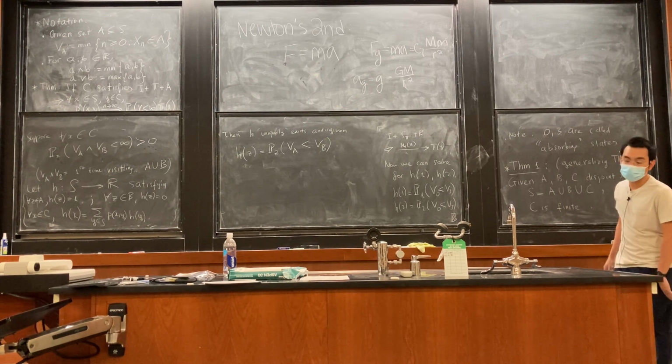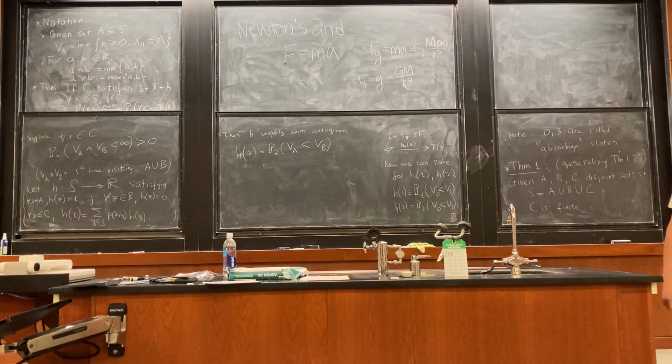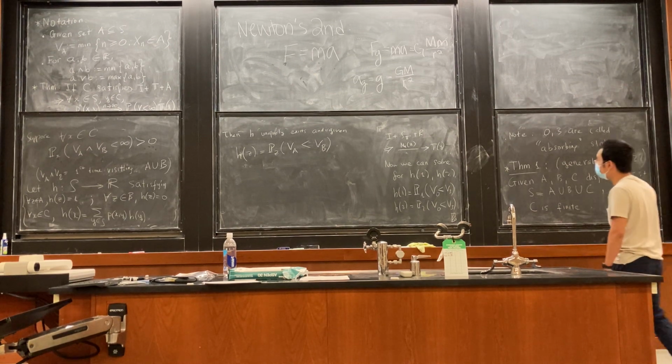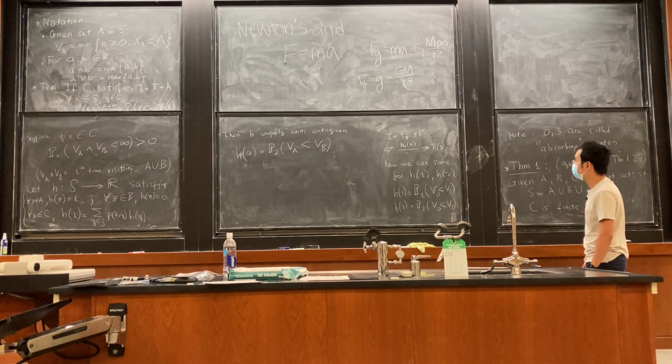If we wanted, say in the Gambler's Ruin, the probability that we win, given we started at a certain state, that would just be 1 minus H1, for example.